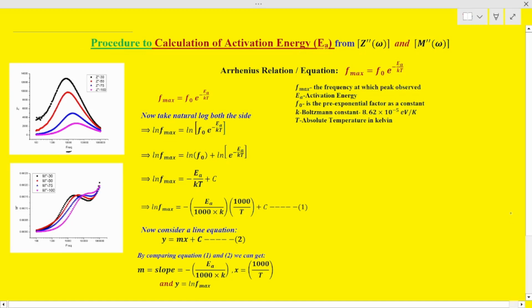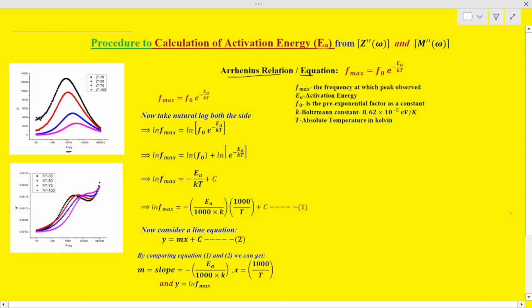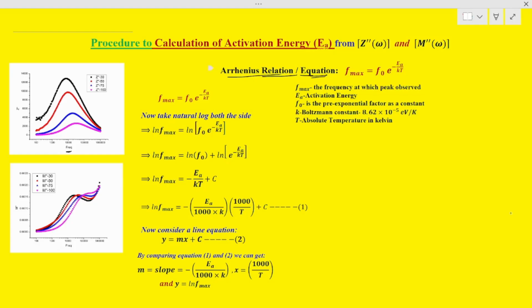The activation energy will be calculated by considering the Arrhenius relation or equation. According to this relation, F max equals F naught into e to the power minus EA by KT.